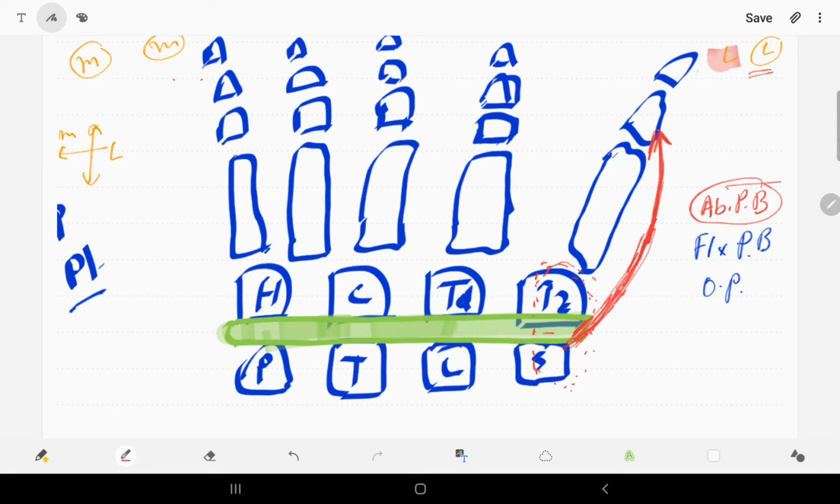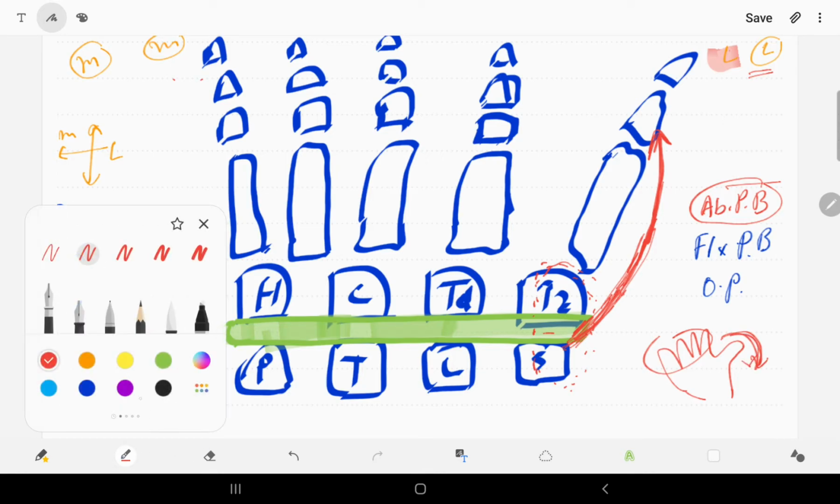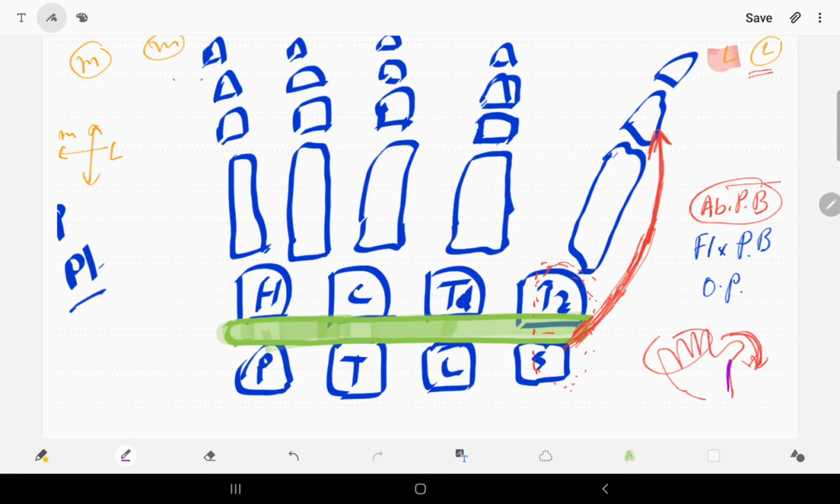Why? What is abduction? This is your thumb, and you are abducting your thumb. That means you are moving your thumb away from the other fingers. Which muscles help in this abduction? The muscles located more laterally mainly help in abduction.